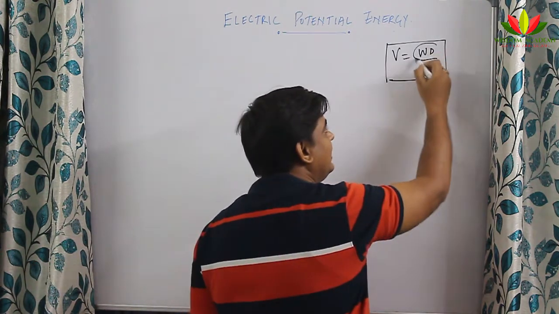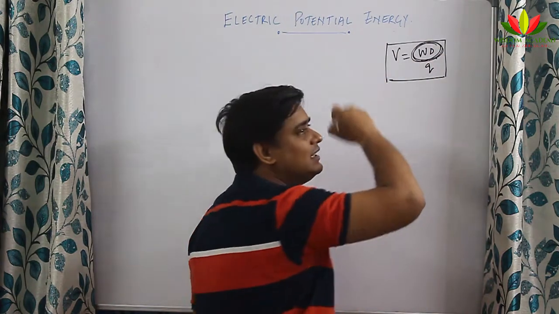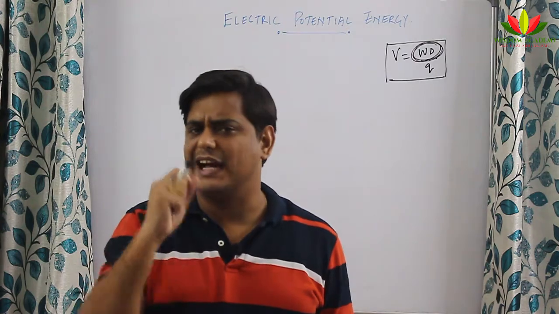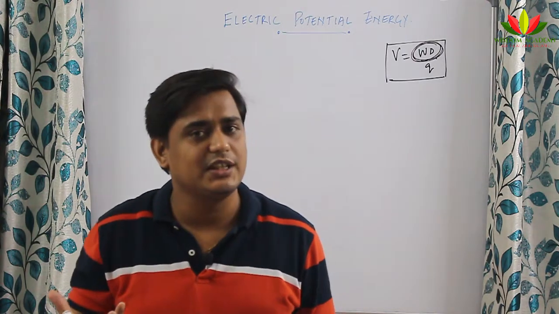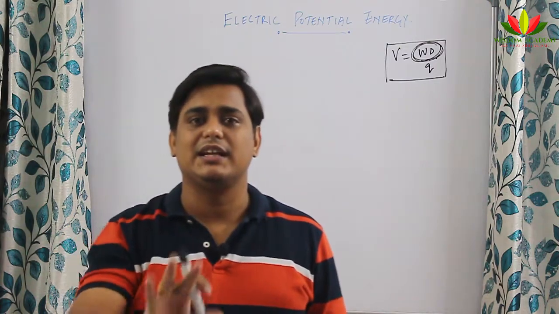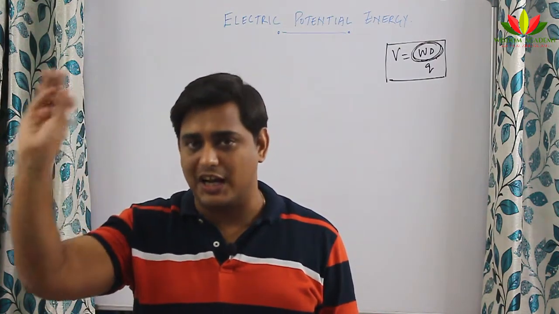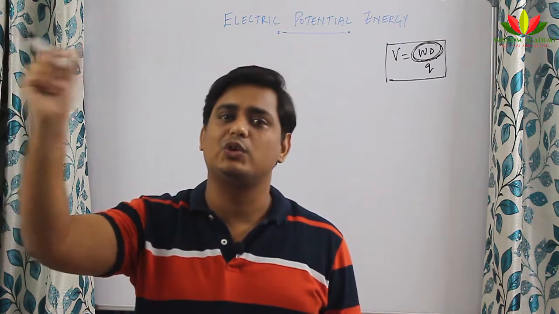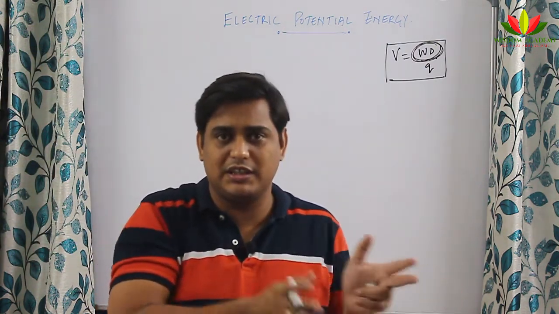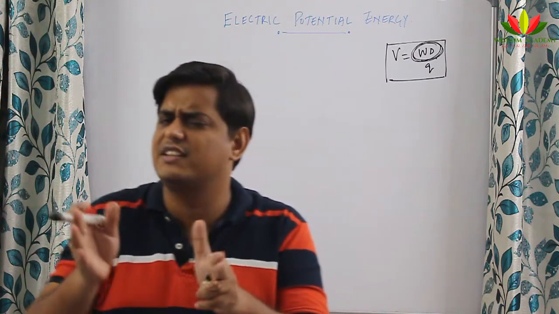This work done will be stored as an energy, and that is electric potential energy. So electric potential energy is the work done in bringing a charge from one point to another point if there is already a charge present. So see, electric potential energy is very similar.